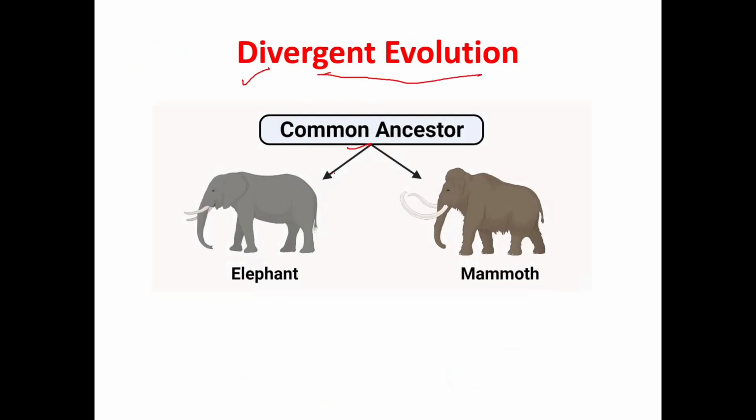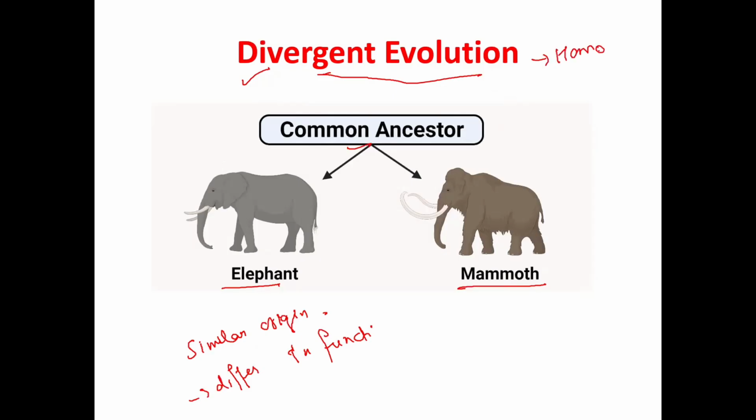This is a common ancestor. Elephant and mammoth are different species and varieties, but share some common ancestry. So divergent evolution has similar origin but differs in function. So divergent evolution shows homologous organs.